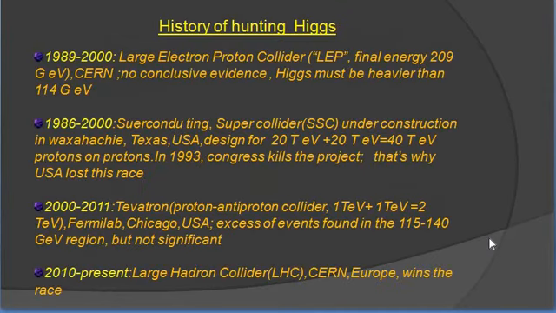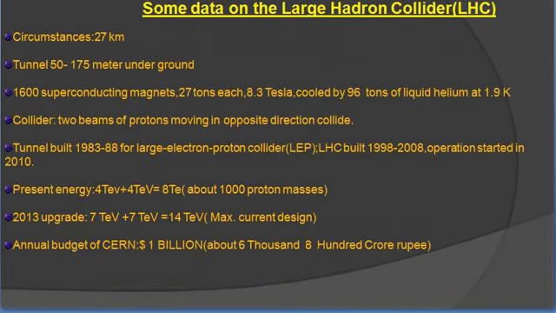This is the journey of the Higgs boson, but somehow they could not detect the Higgs boson before 2012 due to some major problems. And at last, the Large Hadron Collider at CERN won the race to find the Higgs boson.